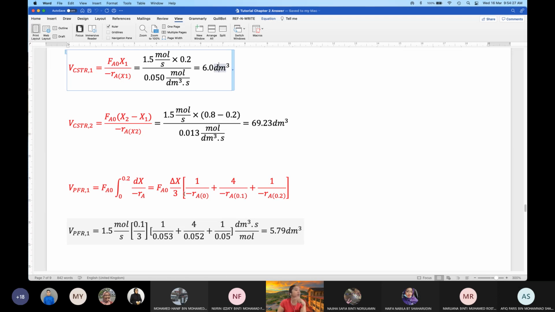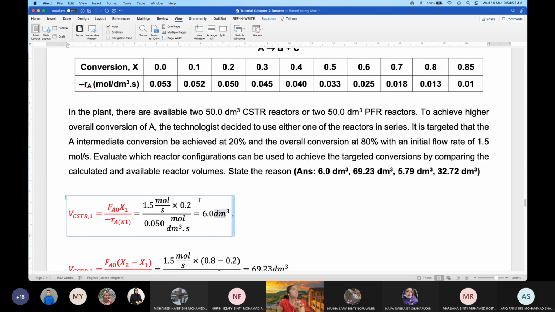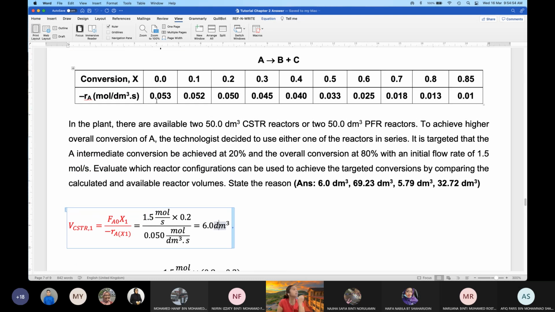Then in bracket, you have the 3 points. So you have 1 per minus RA at your initial X, which is 0, plus 4 per minus RA at your middle X, which is 0.1, and plus 1 per minus RA at your final X, which is 0.2. Okay, so done. Then you just look at the table and find the value. So at 0, my minus RA is 0.053.